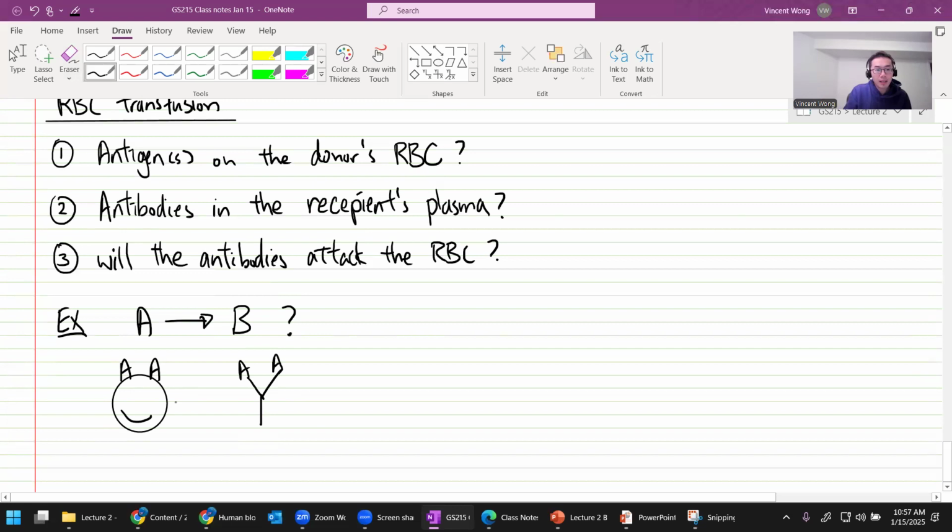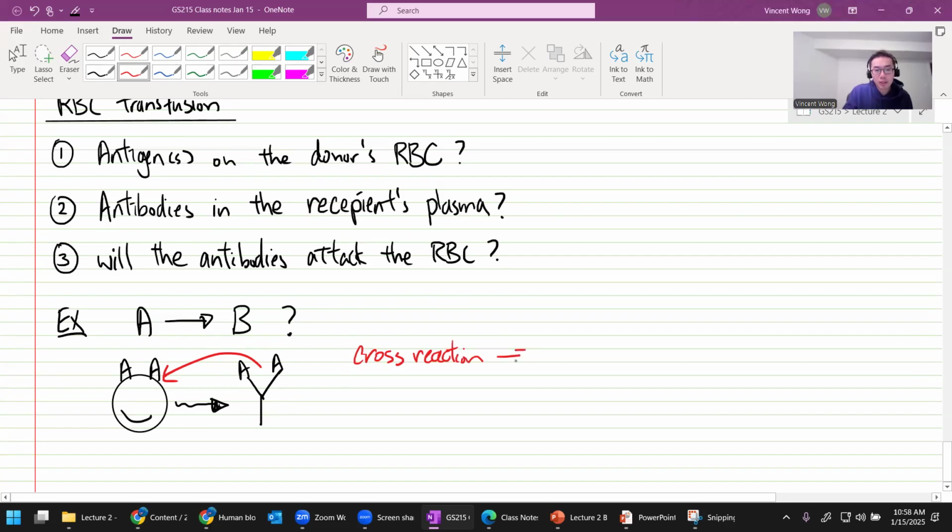So what's going to happen if you go ahead with the transfusion? The antibody is going to attack the red cells, as long as the letters are the same. This is called a cross reaction.